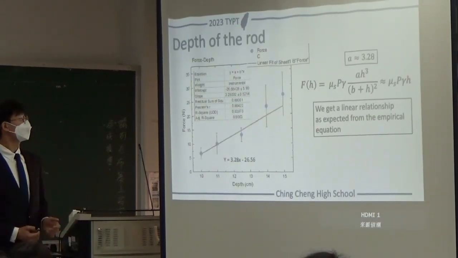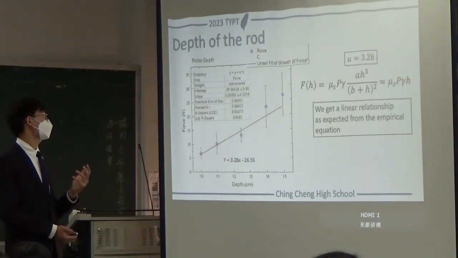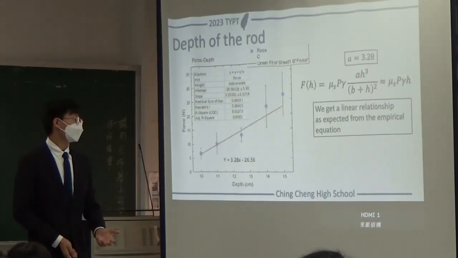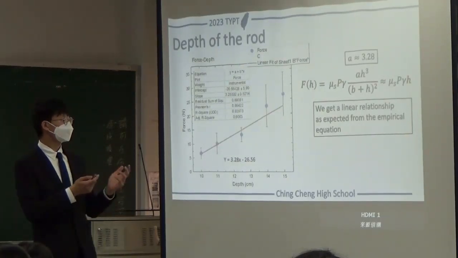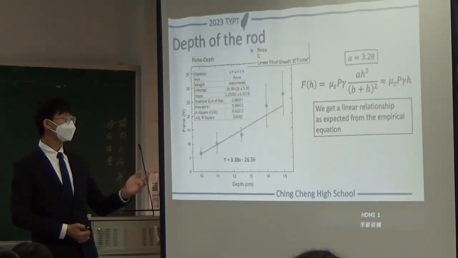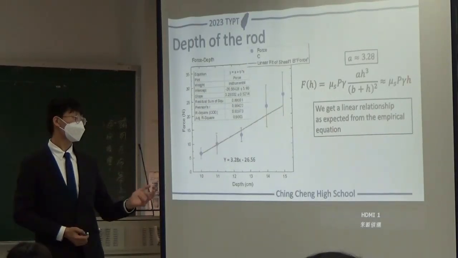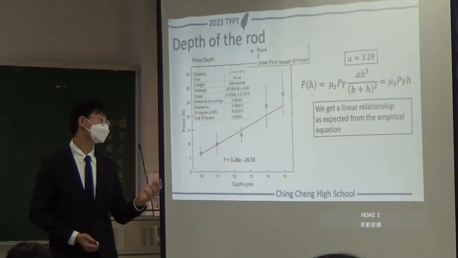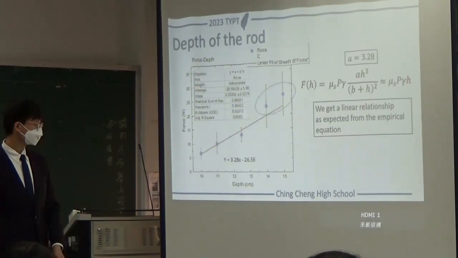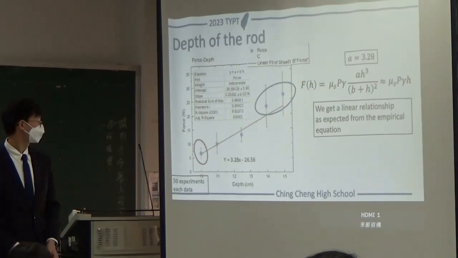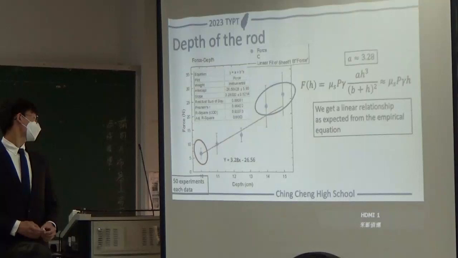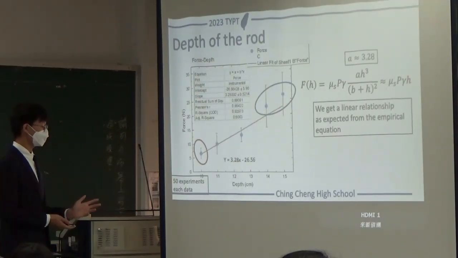Here is the parameter for the depth of the rod. And by this empirical equation, we can get the linear relationship as expected from the empirical equation. And we do 50 experiments for each data point.